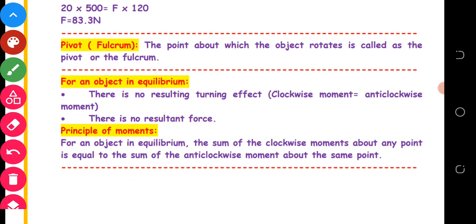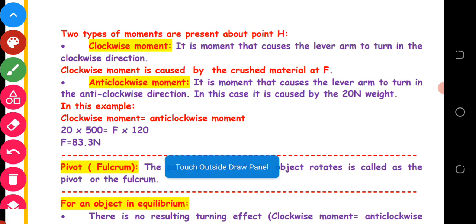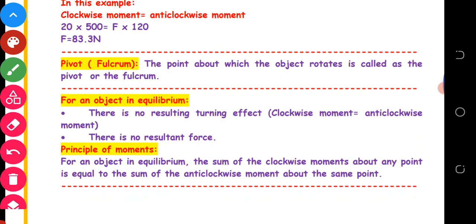So apart from identifying the clockwise moments, the anti-clockwise moments, and the pivots, there are just two more theories that we need to know. Then our theory on moments is done, and all we have to do is look at examples.